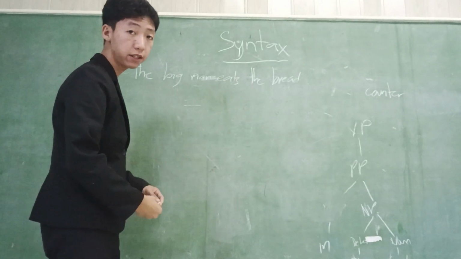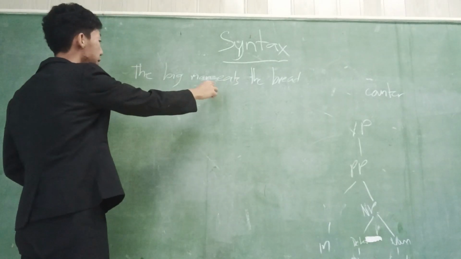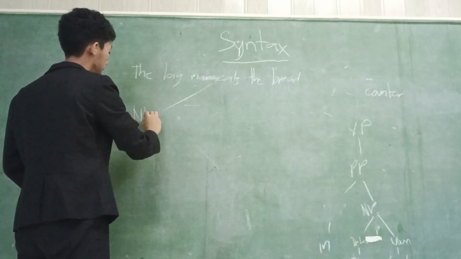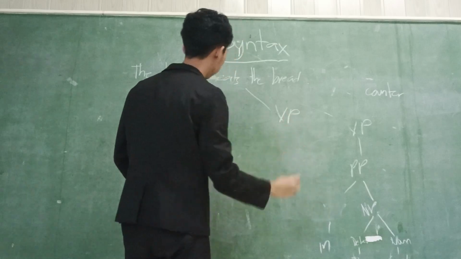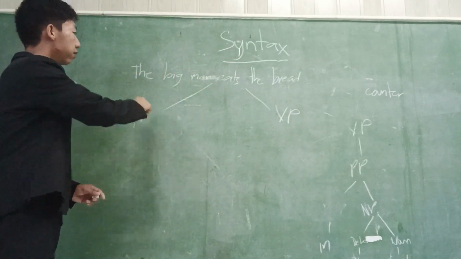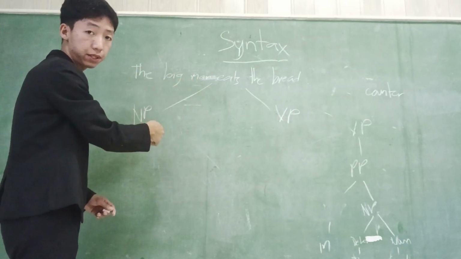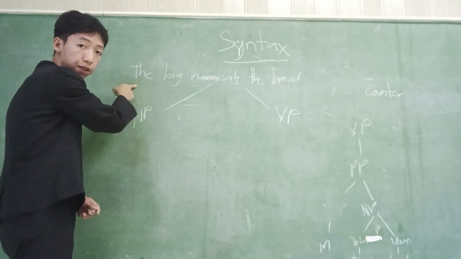Again, we will divide it into two parts, the noun phrase and the verb phrase. Here we have the big man as a noun phrase. We have the as a determiner.